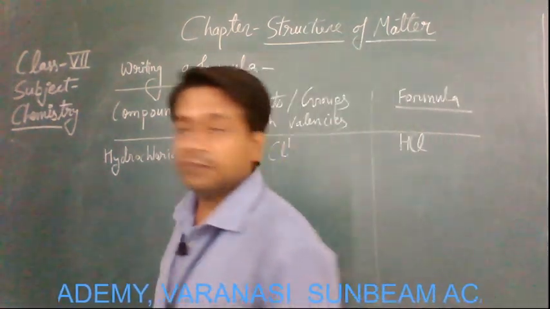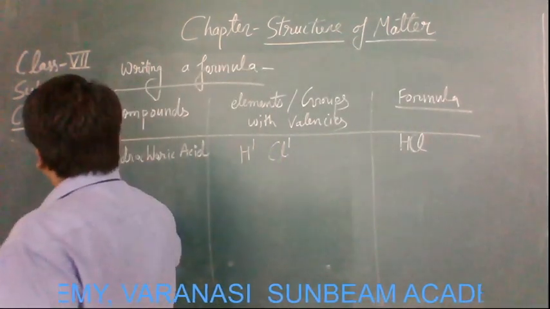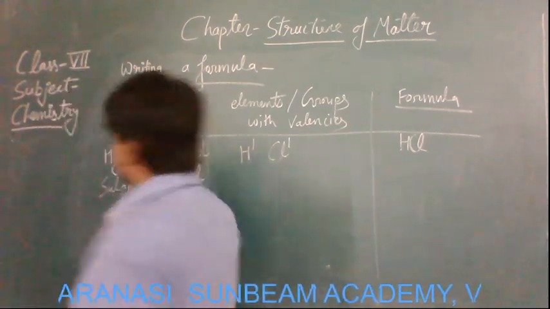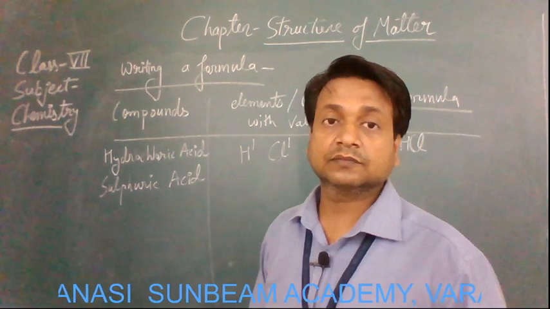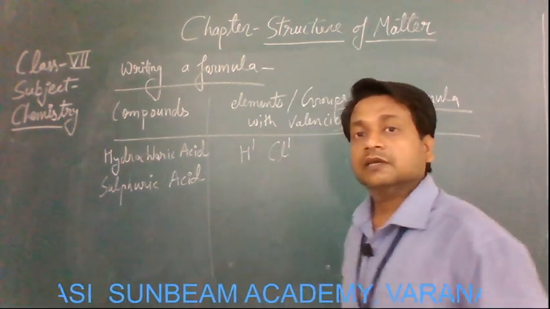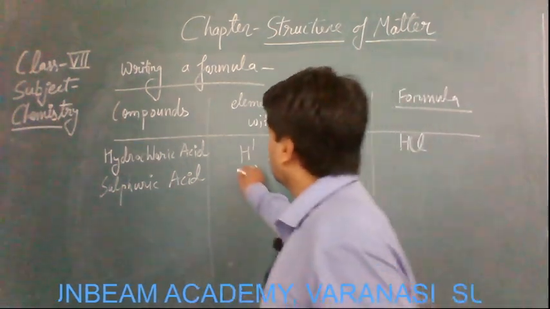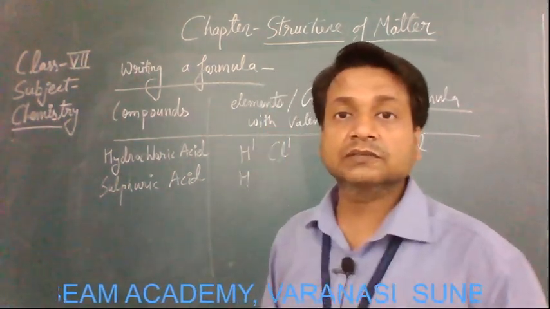Now the second example is sulfuric acid. Sulfuric acid is having an element and a group. The element is hydrogen and the group is sulfate.